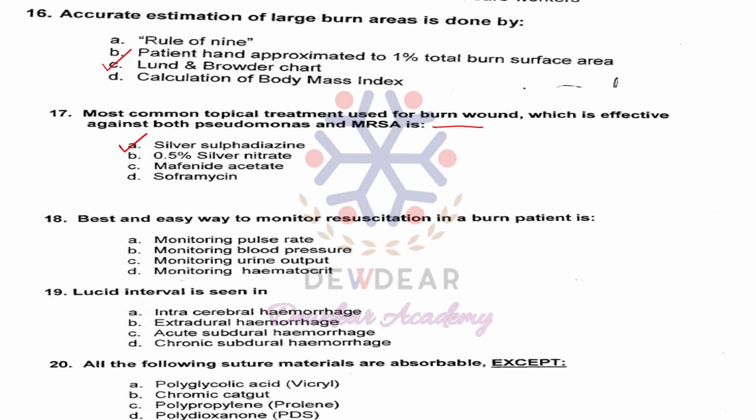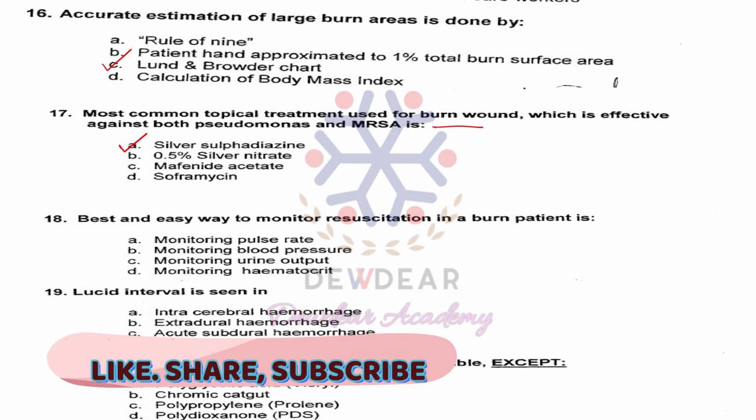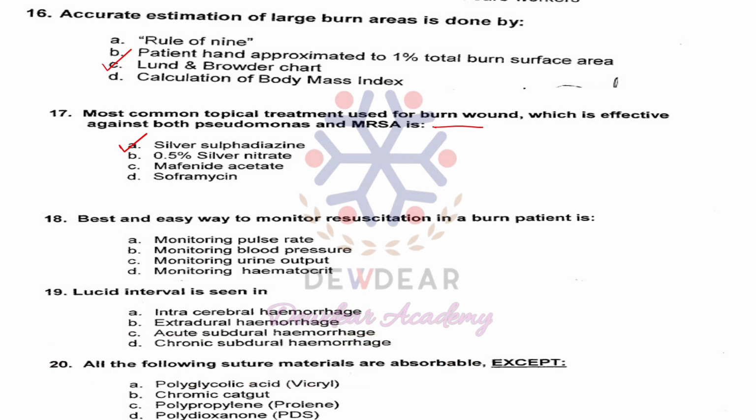Then question number 18. Best and easy way to monitor resuscitation in a burn patient is. Options are monitoring pulse rate, monitoring BP, monitoring urine output, monitoring hematocrit. So the best and easy way to monitor the resuscitation required for a burns patient is by assessing the urinary output.